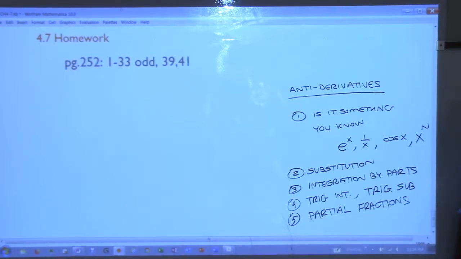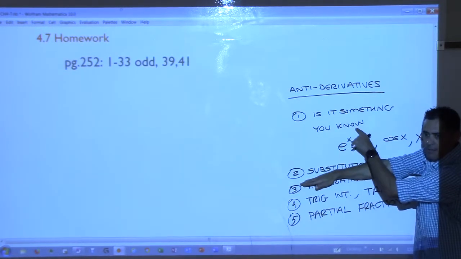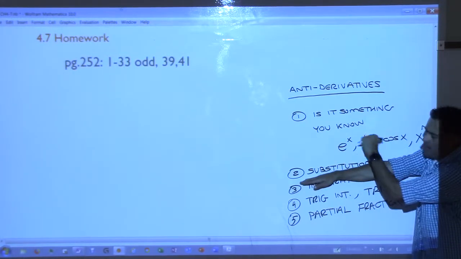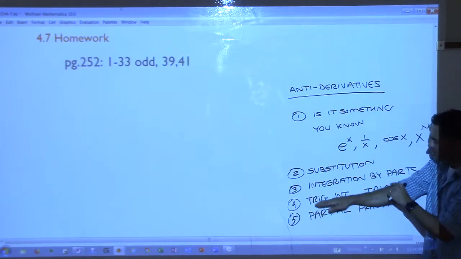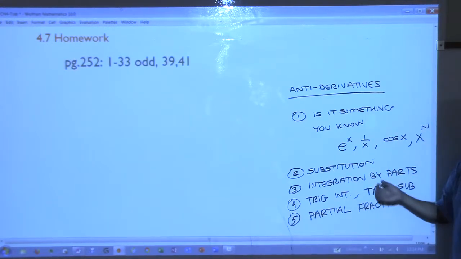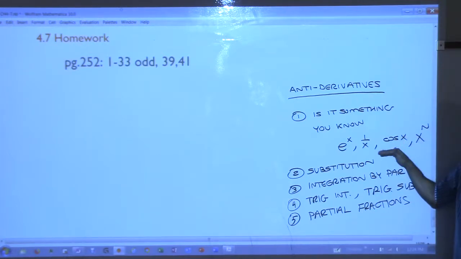And at any point in time, to do number 2, you better be good at 1, because you'll use this to turn it into something like that. And then to do this, you need to be good at both of those. And then to do that, you must be good at all those. So everything builds. You can't say, oh, I'll figure that out later. You're kind of dead in the water if you get stuck on any of these methods.